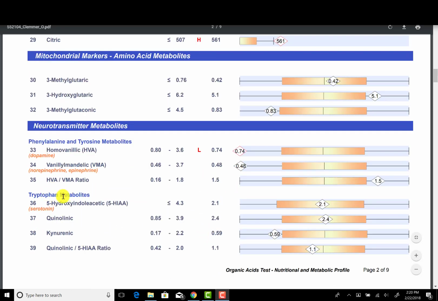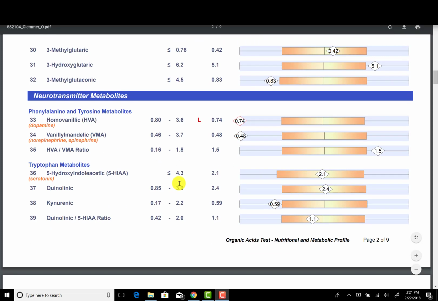Then we have our tryptophan markers, so basically serotonin, and you see her serotonin levels are pretty good. No real issues there. Her imbalances are up here, like we just said before. So for her, this is what we're going to target, fixing her gut and giving her some dopamine supplementation to make her feel normal and just have less depression, anxiety.